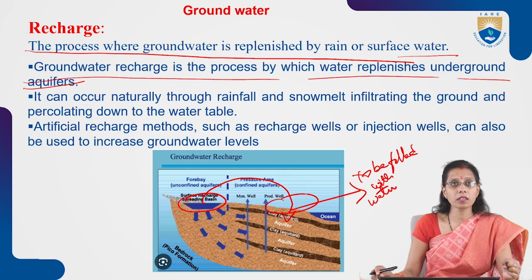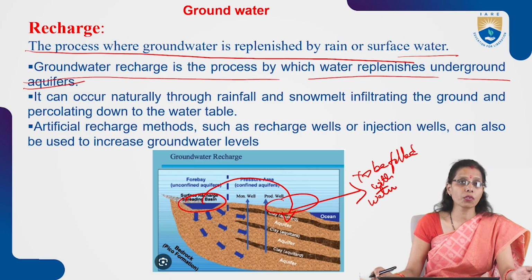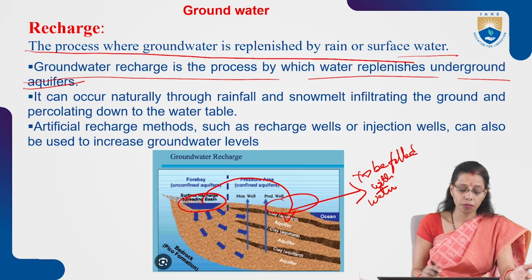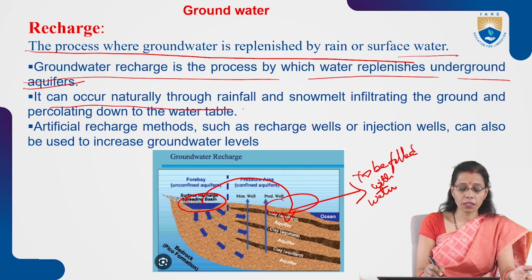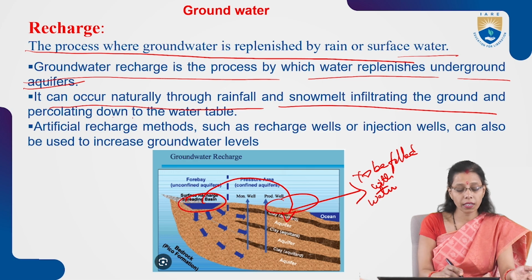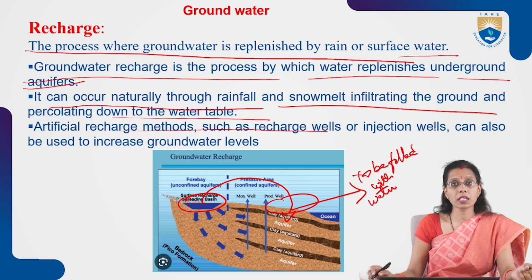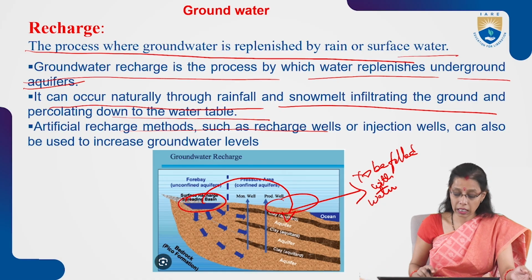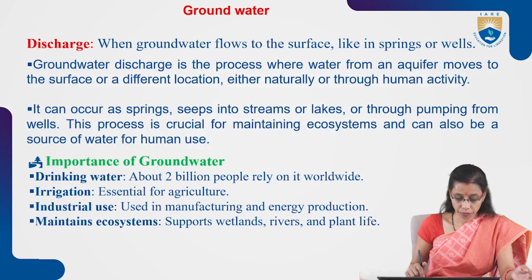So in that case, groundwater recharge can happen, or else through the natural process through rainfall also, it can replenish the water table. So it occurs naturally through rainfall and snowmelt infiltrating the ground and percolating down to the water table. Artificial recharge methods such as recharge wells or injection wells can also be used to increase groundwater levels.